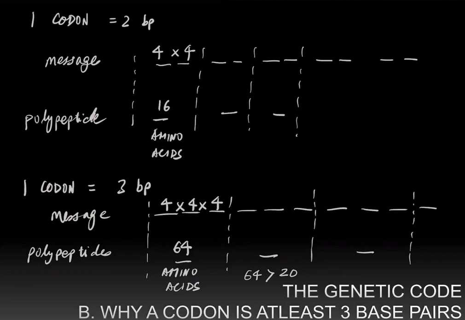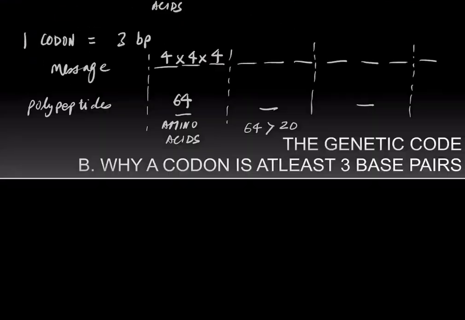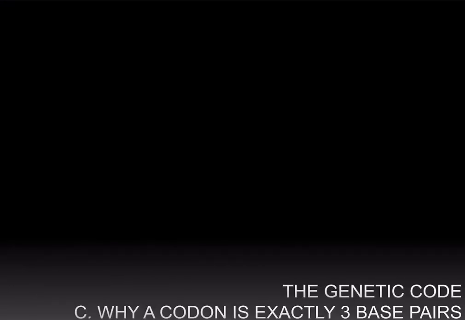However, this analysis of evaluating how many amino acids a 1 base pair codon or 2 base pair codon or 3 base pair codon could code for shows that one codon must be at least 3 base pairs long. So how is it that we know that the codon is exactly 3 base pairs?